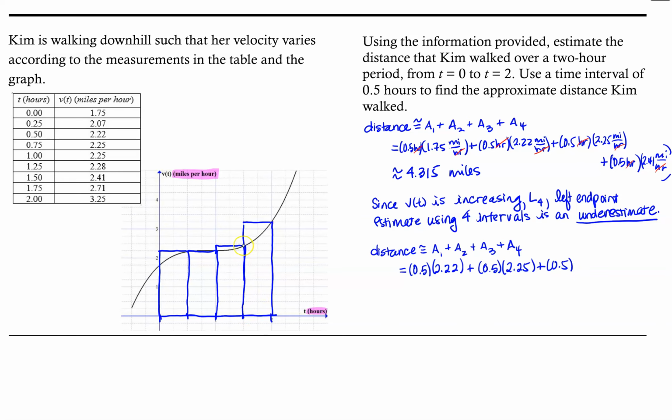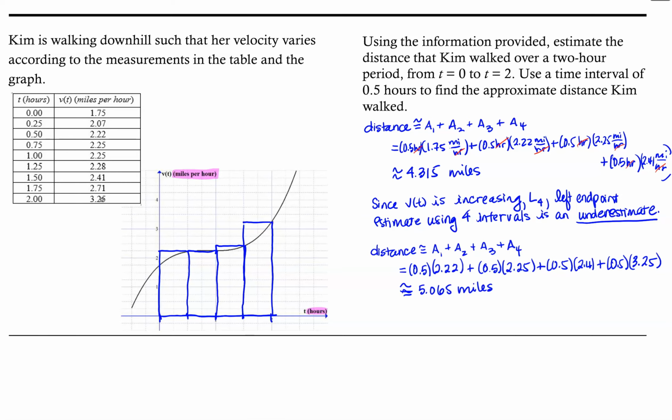The height of this rectangle is based on velocity at 1.5 hours. That's 2.41. And lastly, 0.5 times the height of my rectangle, which is based on velocity at 2 hours. That's 3.25. So if I run all of this through my calculator, I find that Kim has walked approximately 5.065 miles.